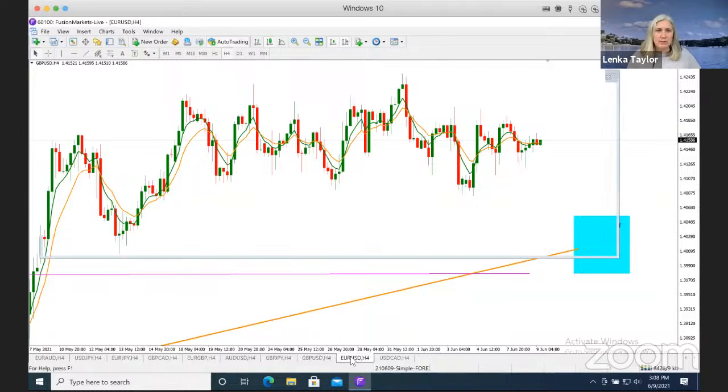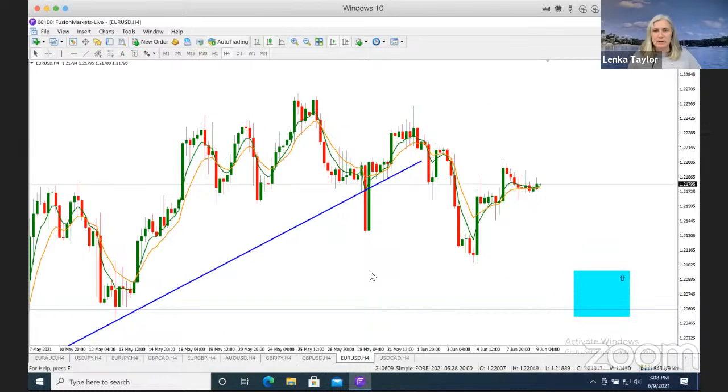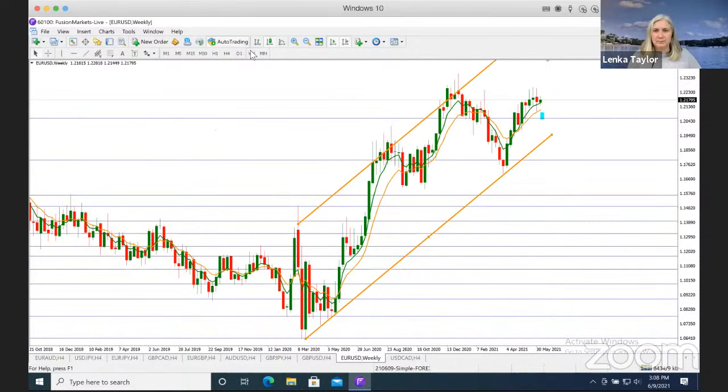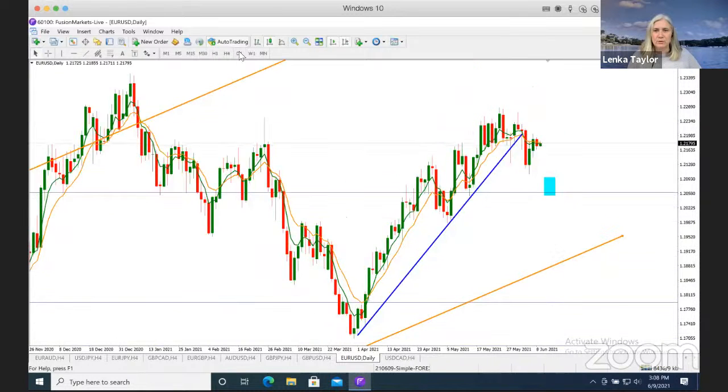Next currency pair I'm looking at is Euro USD. Euro USD, I'm looking for a long. So at the moment it's just above that horizontal level. Trend going up. So I'm looking for a pullback to the horizontal and then taking the trade back up.